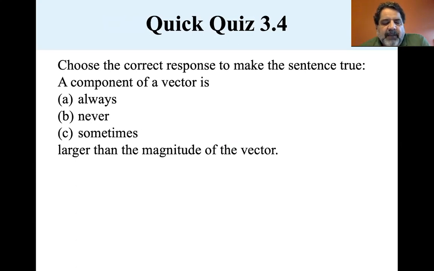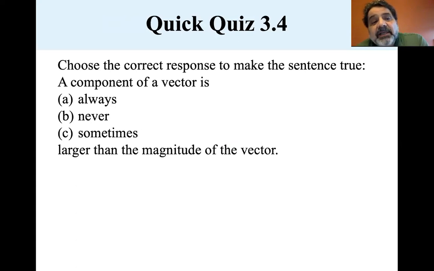And the hypotenuse on a regular right triangle is always larger than either of the components. Is it never larger? Well, in the case where you have a 0-degree angle, you can't use that never. Oh, wait a minute.